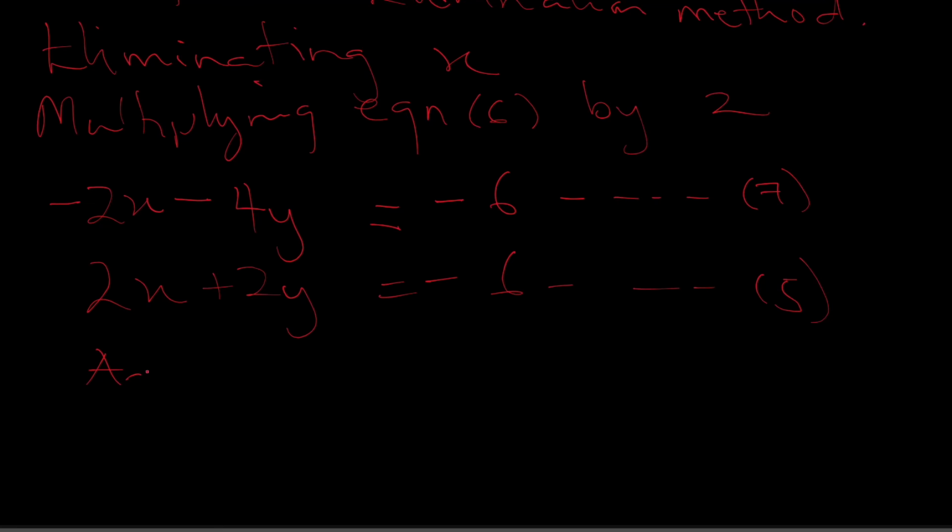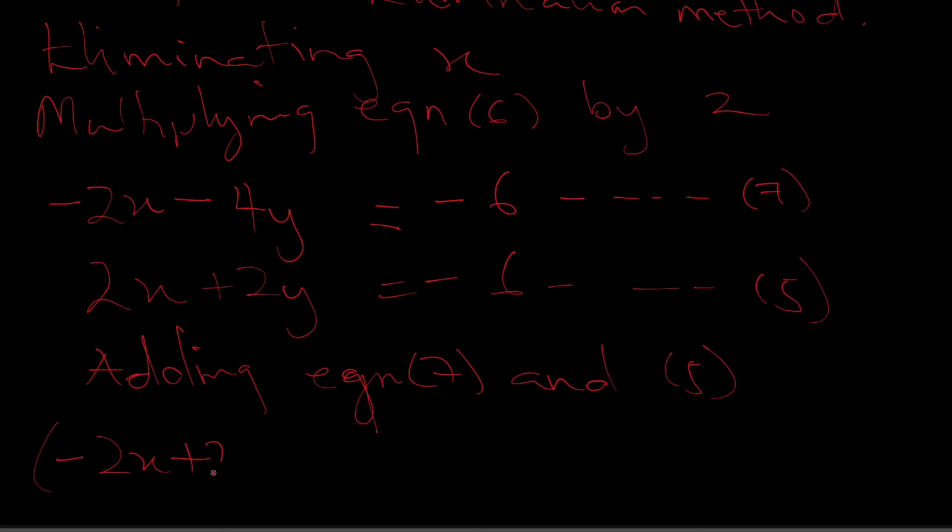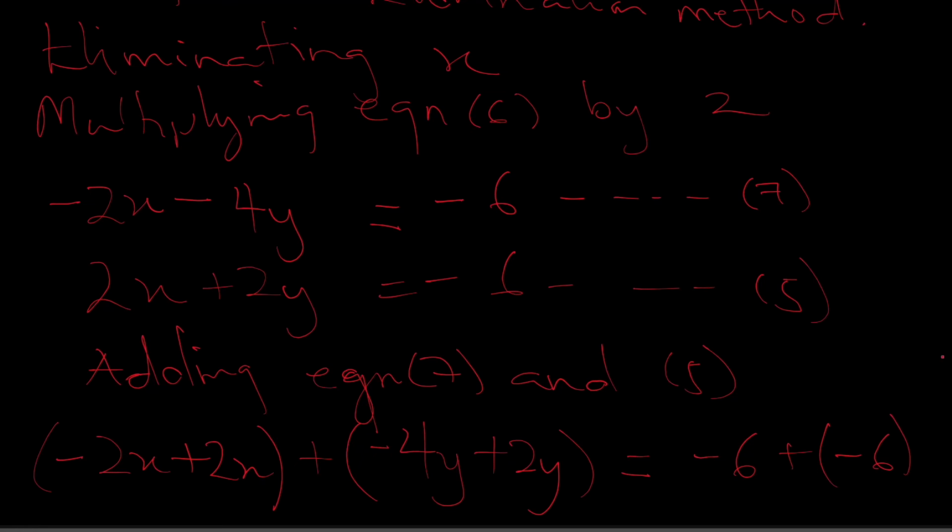So adding equation 7 and 5, we have negative 2x plus 2x, then negative 4y plus 2y should be equal to negative 6 plus negative 6.